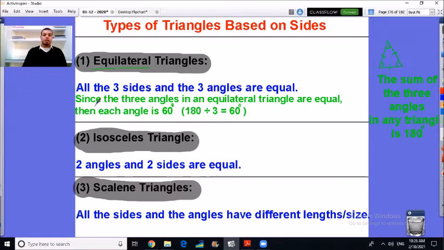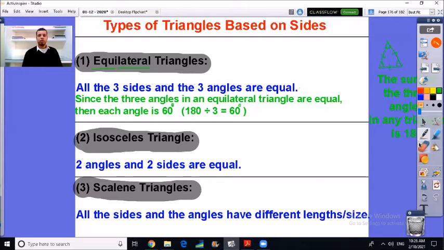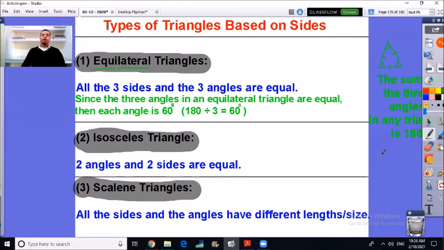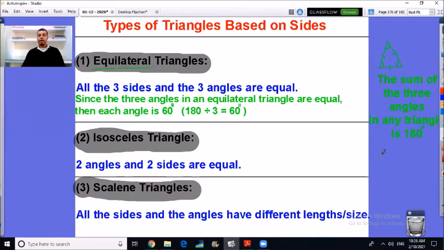All right, good. Since the three angles in an equilateral triangle are equal, each angle is 60 degrees. How do we know this? You should also know that the sum of the three angles in any triangle is 180 degrees. If you add the three angles of any triangle, they give you 180 degrees.